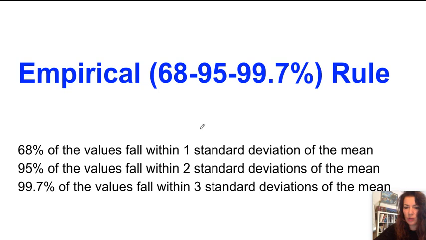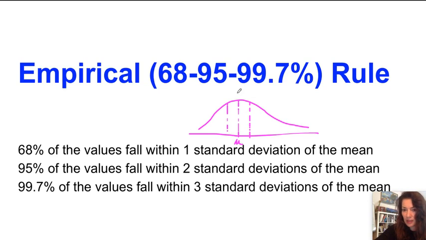If I drew a normal model, I'll try to make a curve like this, and we would have an x-axis. Then my mean is right here in the center. So 1 standard deviation to the left and 1 standard deviation to the right would represent 68% of your data. This is always true for a normal distribution.